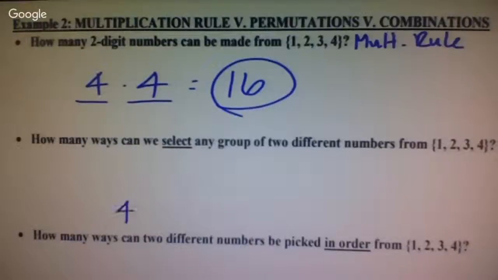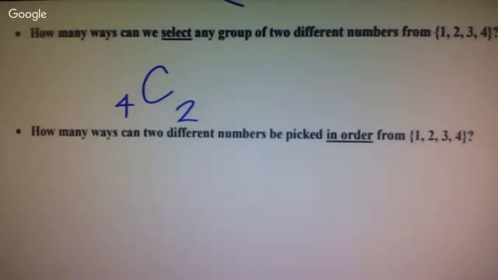So I've got 4 numbers to pick from, and I want a 2-digit number, so 4C2. Your last one then is your permutation, because your keyword here is in order. I still have 4 numbers to pick from, but I want them in order, and I want to pick 2.